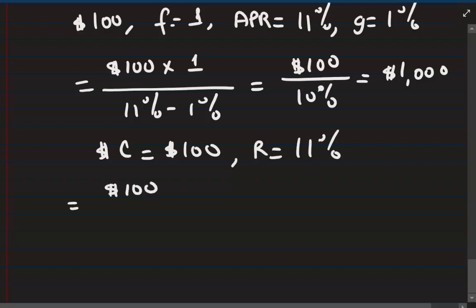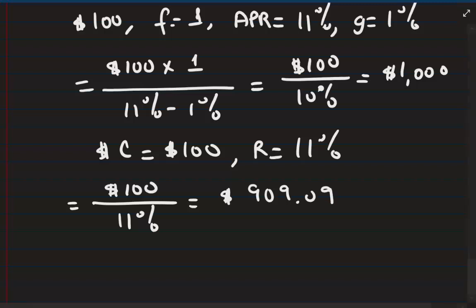So that's going to be, if I'm not mistaken, you can check this yourself, $909.09. Let me actually check that through my phone. Yes, I was right. Not that you had any doubt that I was right.